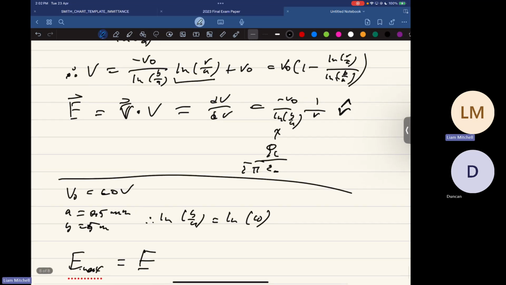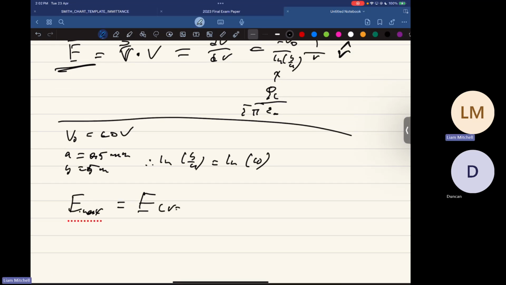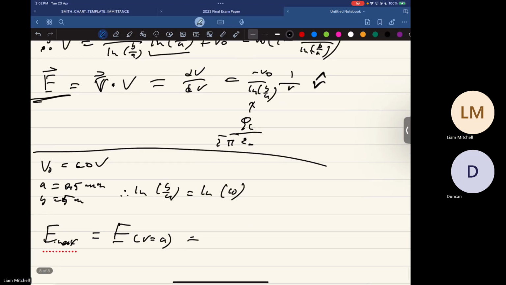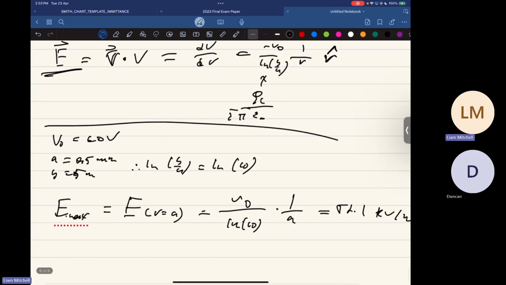Okay then. So we know our E field, and E max is E at r equal to a. If we sub it in here, we get v naught over ln 10 times 1 over a, which is around 52.1 kilovolts per meter, assuming epsilon r is 1.